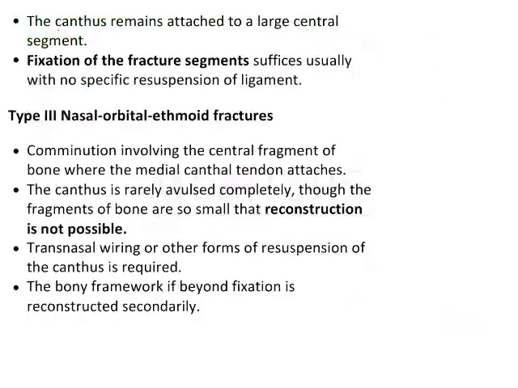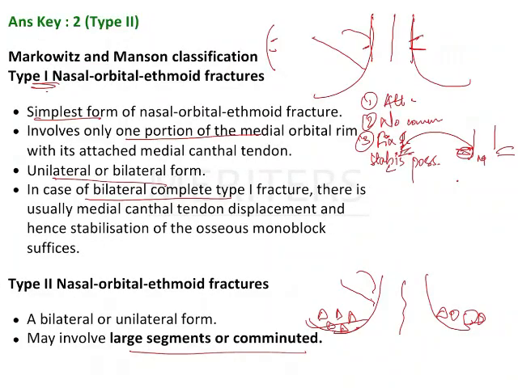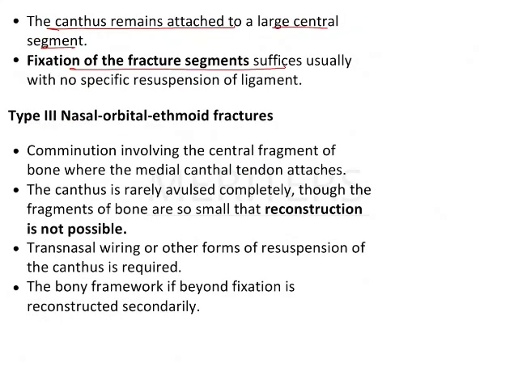Okay, this is what is type 2. Again, the canthus remains attached to a large central segment and fixation of the fragment segment is sufficient. So again, there is no displacement of the medial canthal ligament. And secondly, these small bones that are present, the comminuted bones, can be fixed. That is why it is a type 2 fracture.